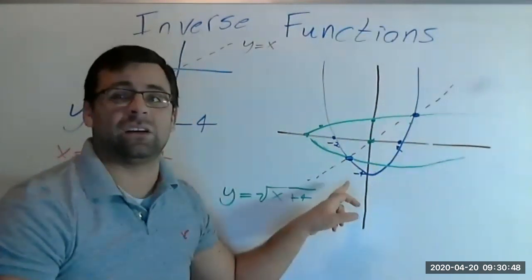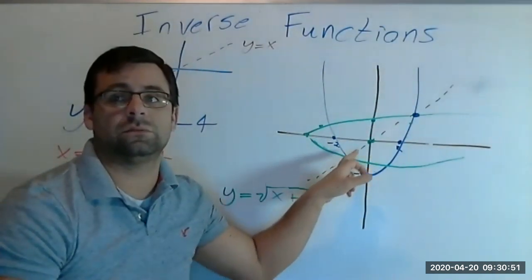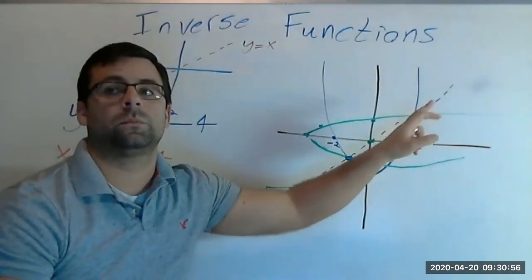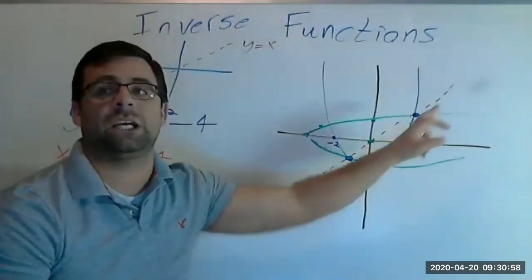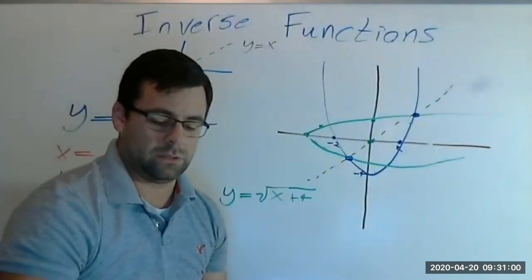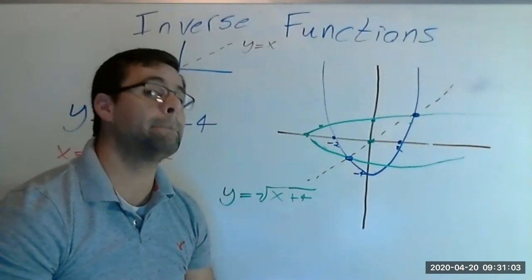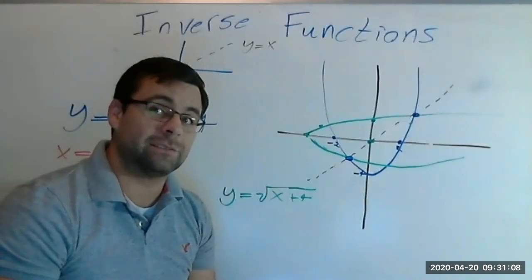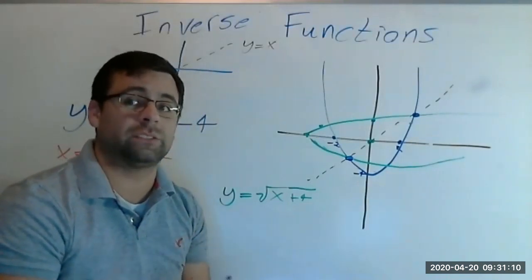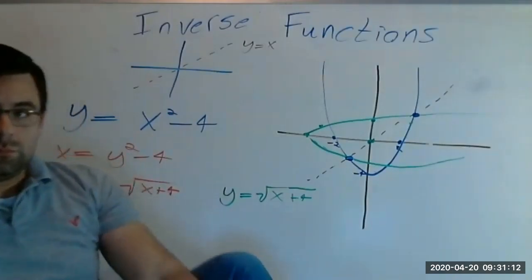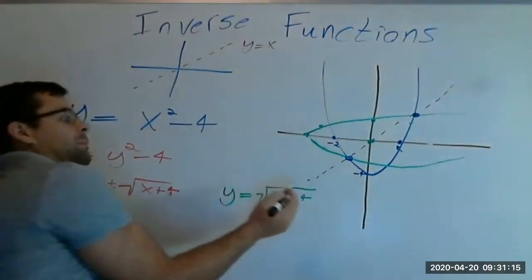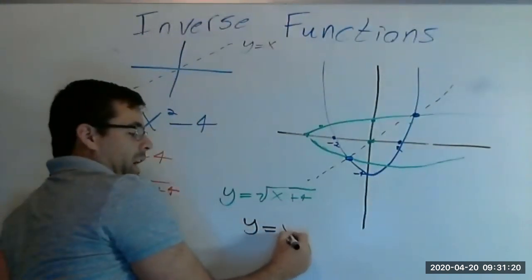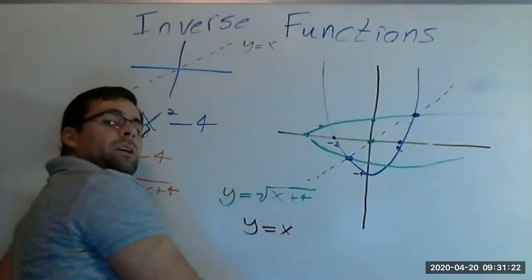What line is it on? What is the equation of that dashed line? Is that y equals x? Yeah. So if it's on the line y equals x, then what do you know about those points? They equal each other. That y equals x at those points.